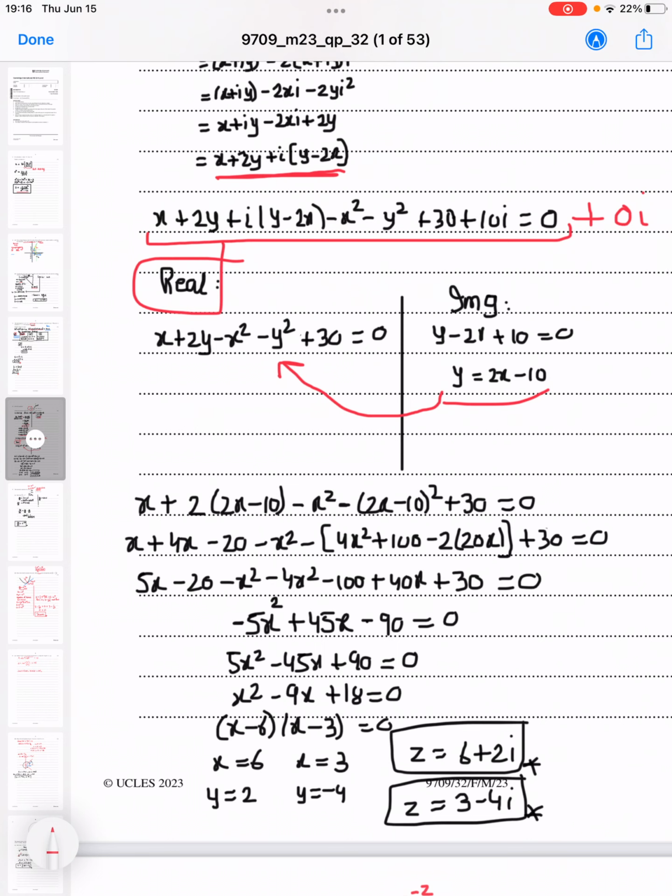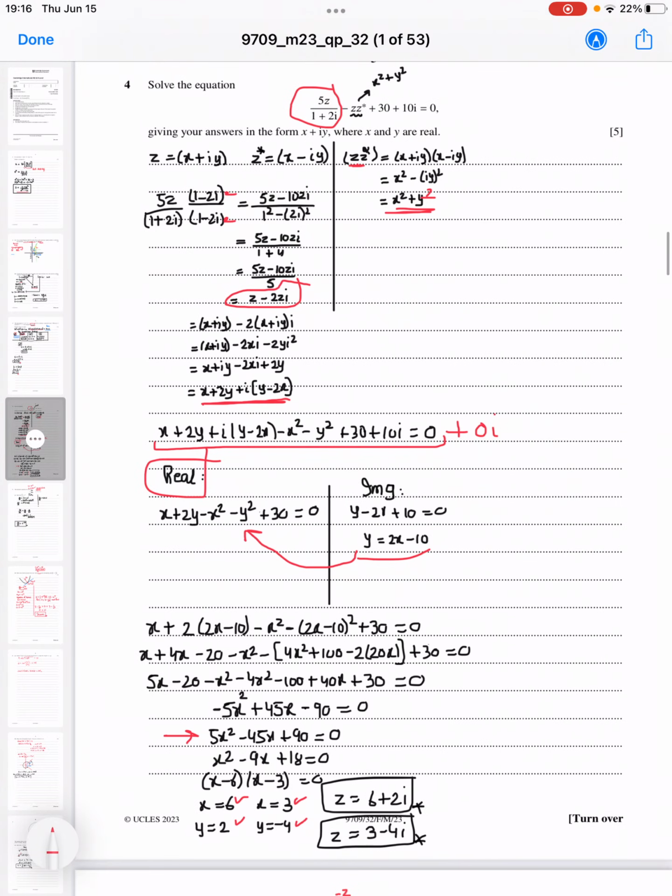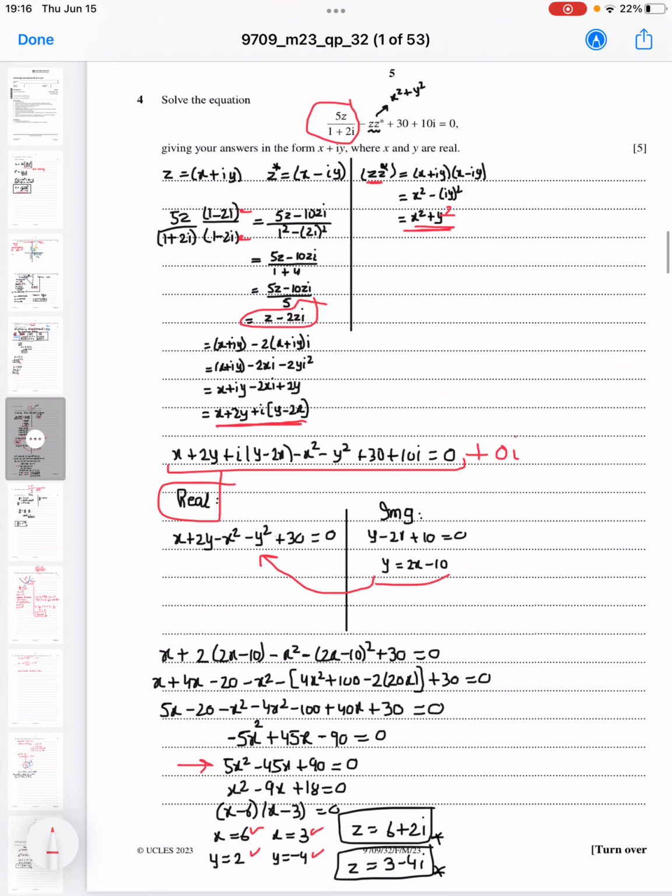By simplification, you would get a quadratic equation, and that would give you x equals 6 and x equals 3. We'll plug these values back into the equation and you would get y equals 2 and y equals -4. So the two complex numbers are 6 plus 2i and 3 minus 4i. You can see the question again.